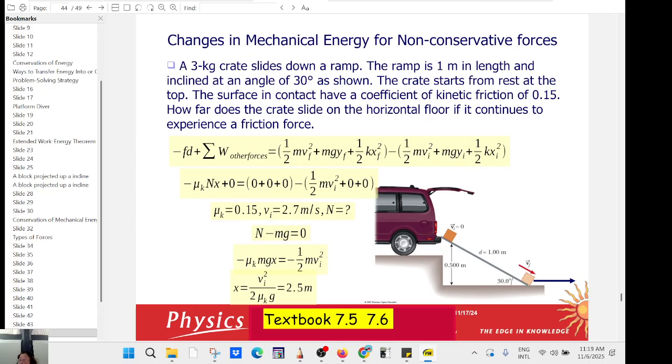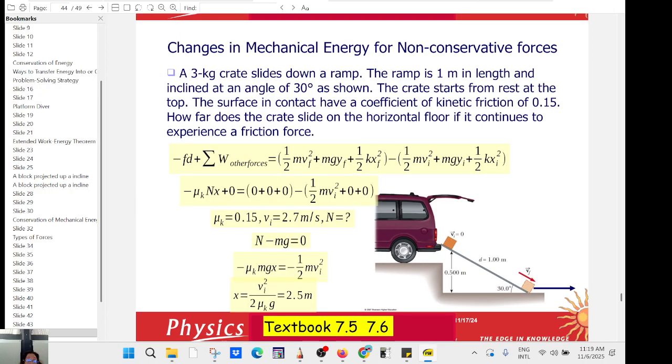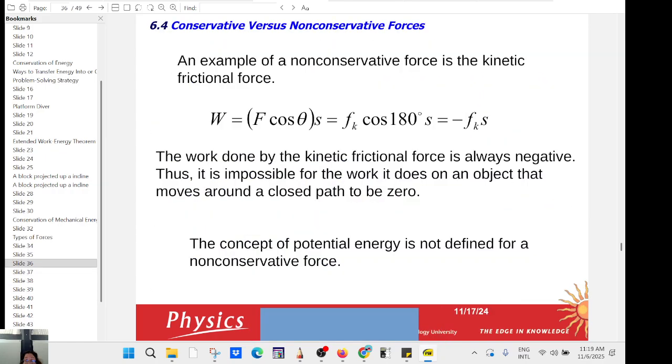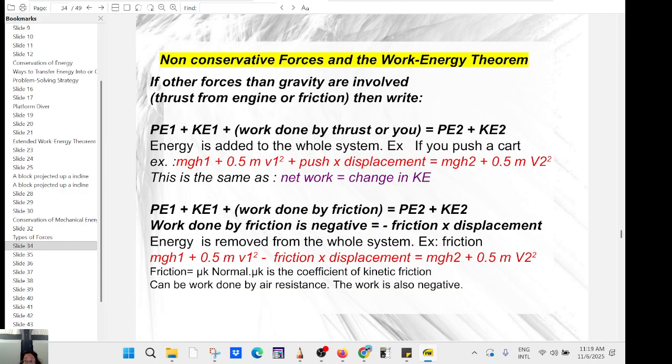So when there's heat, kinetic energy is going to be 0? It depends on the problem. When there is heat, that means there is a minus. Whatever you begin with, it could be potential plus kinetic plus elastic potential, you have to take away the work done by friction.